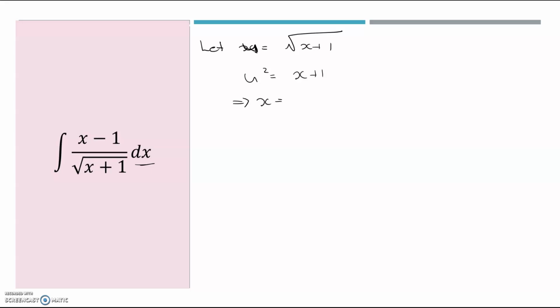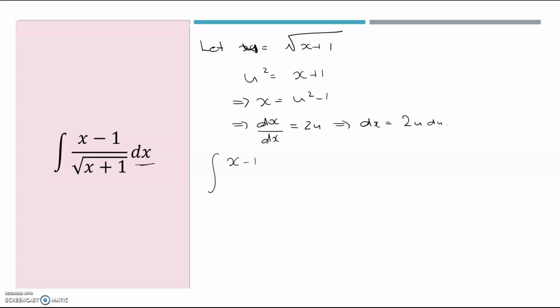It will give us that x is equal to u squared minus 1, and also straight away it will give us what we're looking for, the dx term. Okay, let's see what happens.